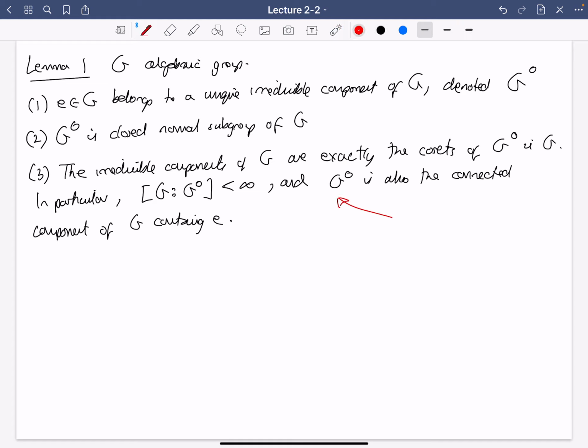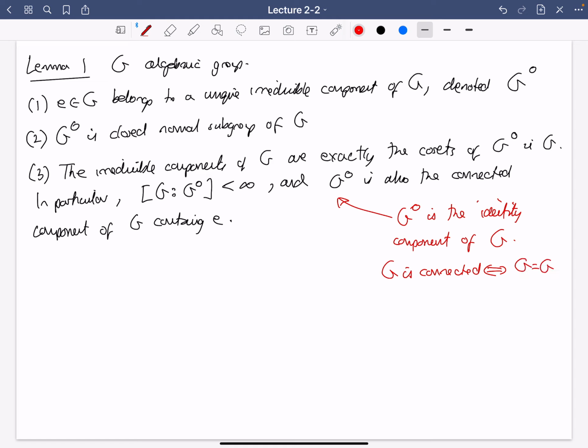So I guess because of this, you usually call G0 the identity component of G, and we're often going to talk about connected algebraic groups. We're going to say that G is a connected algebraic group.